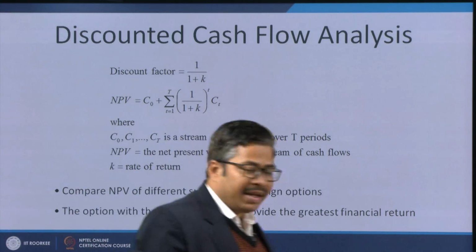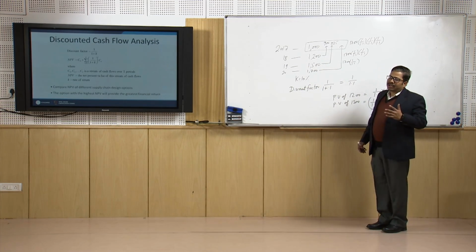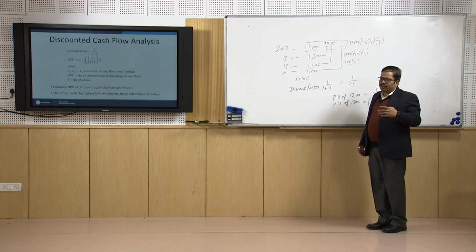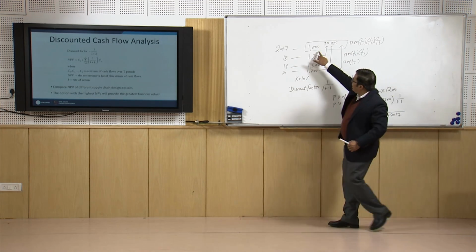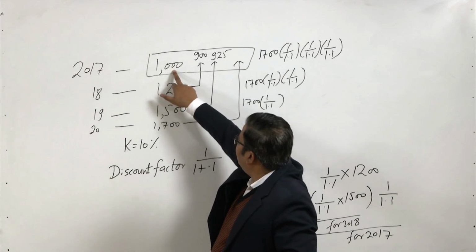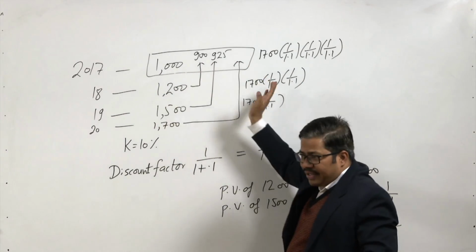So what I am doing in 2017, if I want to calculate the cash flow of all future streams, I will add this 1000 plus this value plus this value plus this value, all these.